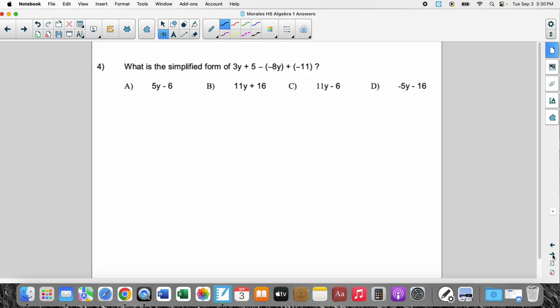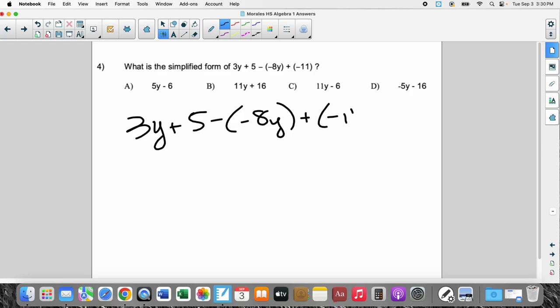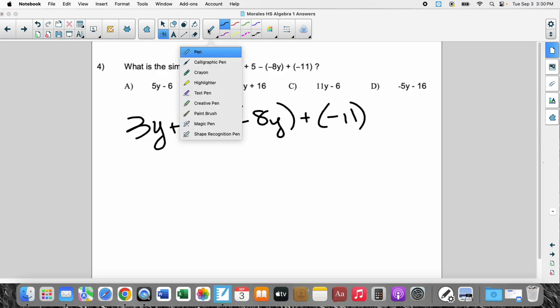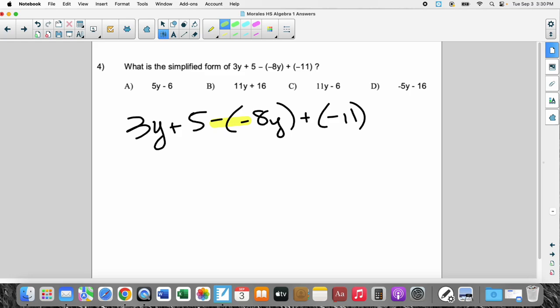Number 4, we have, what is the simplified form of 3y plus 5 minus -8y plus -11? We're always going to get rid of these double signs. Drives Mr. McCausland crazy. So we have 3y plus 5.